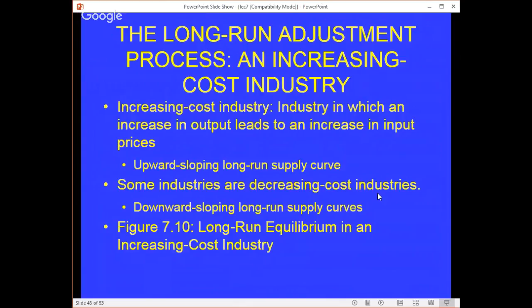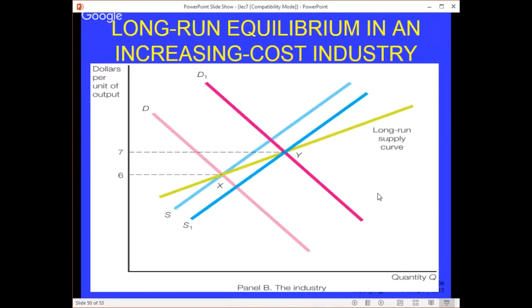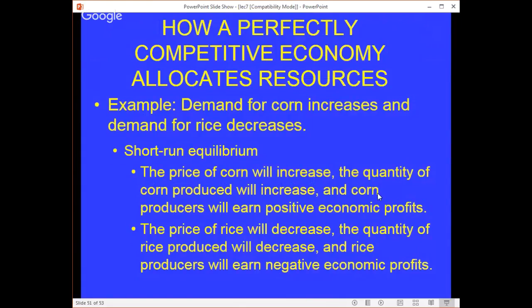It's actually very rare. Very few industries are decreasing cost industries, and virtually none are perfectly competitive decreasing cost industries. Okay, so let's do an example.